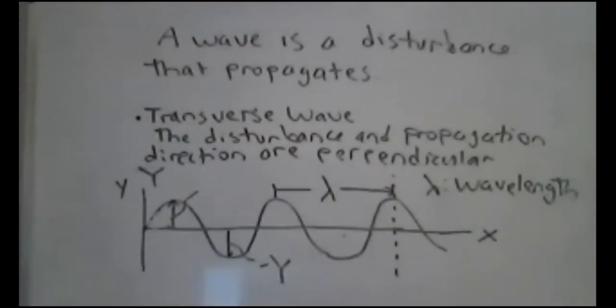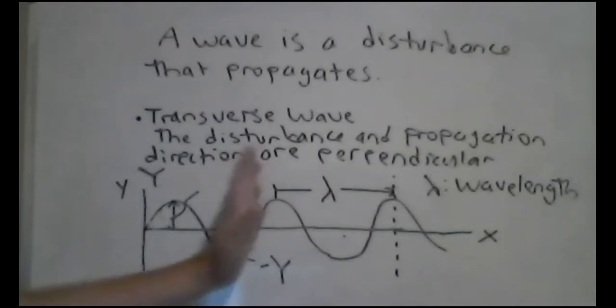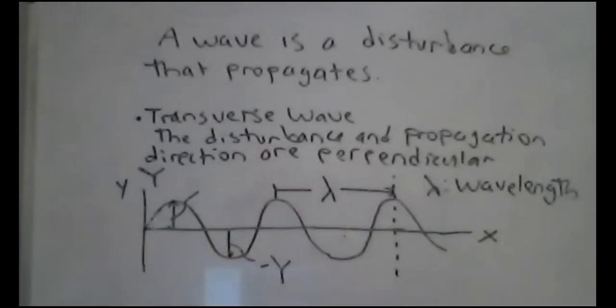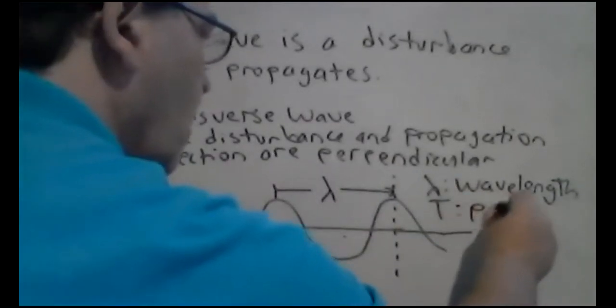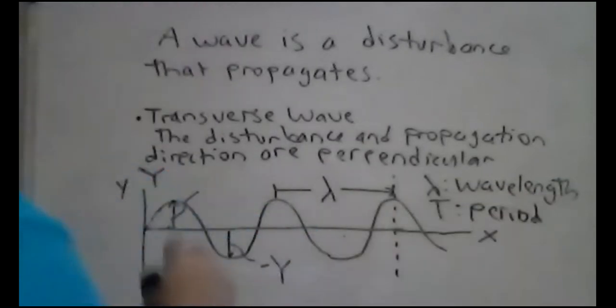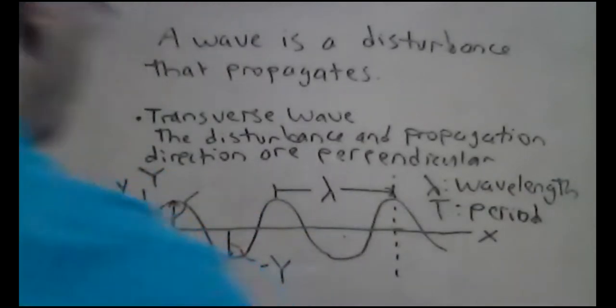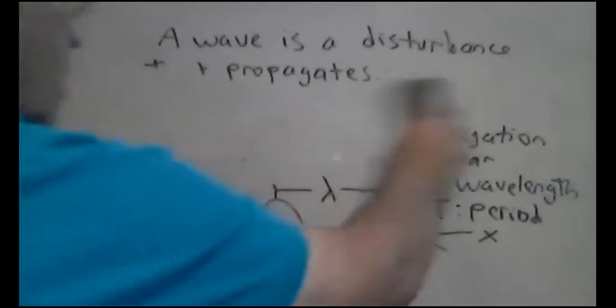Now, if I want to ask how long it takes the wave to do this, how long it takes to go one cycle, that's called the period. So let's write these out here. This is our wave language.